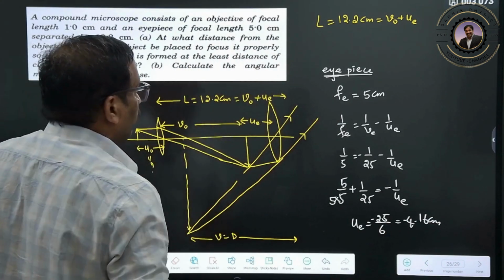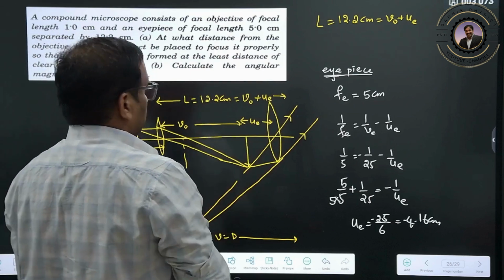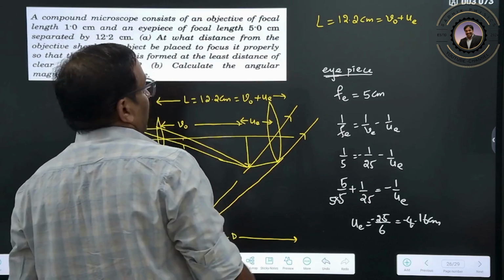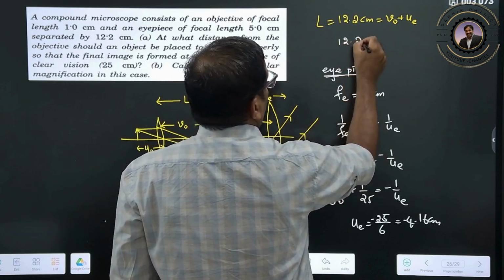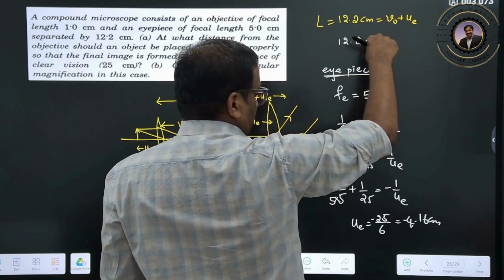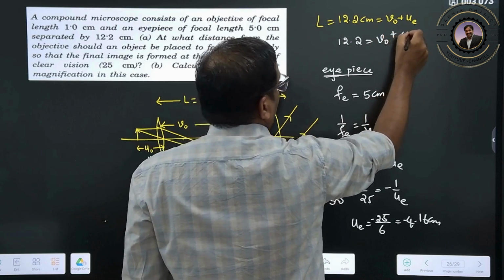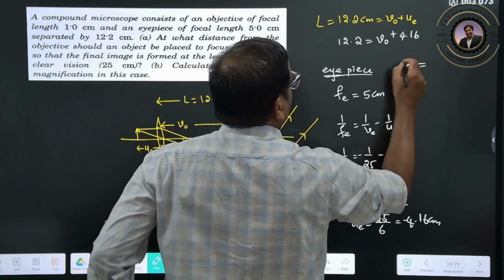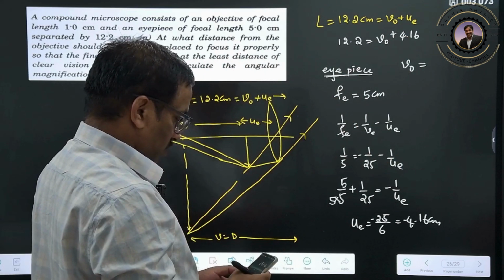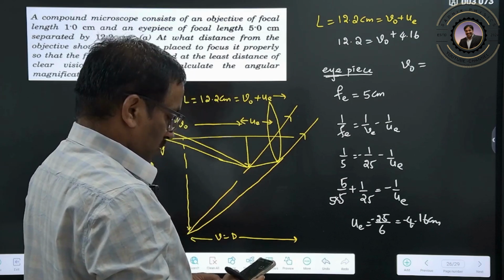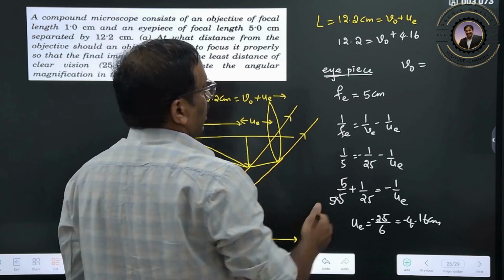This is U_E, 4.16. Clear? So therefore V_O we want to calculate now from this one. So this is 12.2 is equal to V_O plus 4.16. V_O value we will get by taking it separately now. So, 8.04.